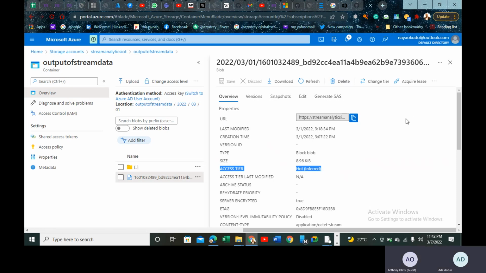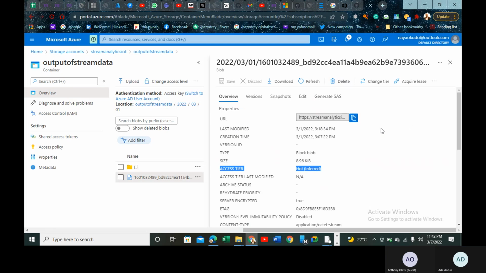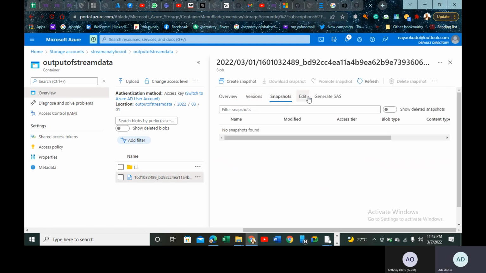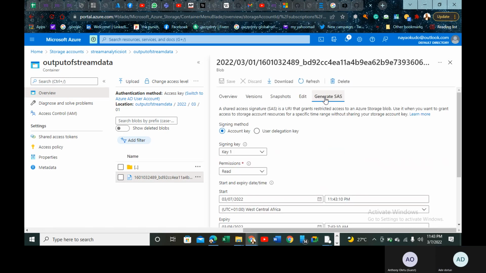Here you can see the overview of the file, the version of the file, the snapshot of the file, the generated path. You can also edit.